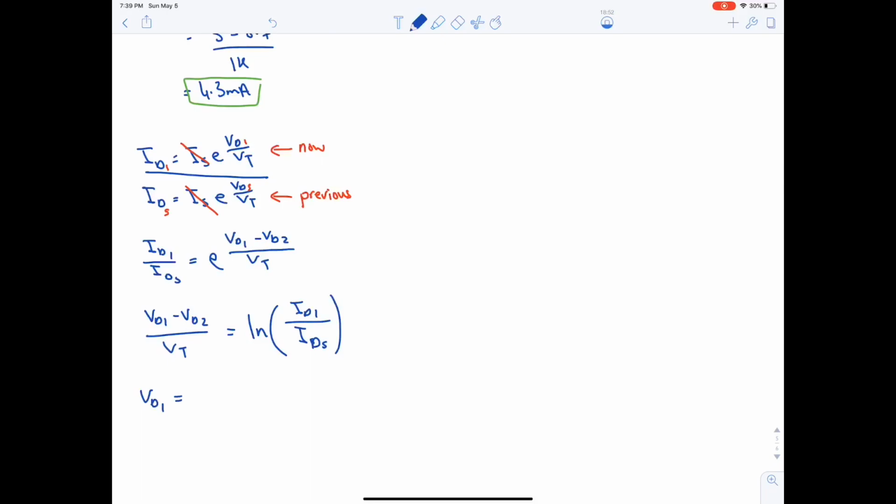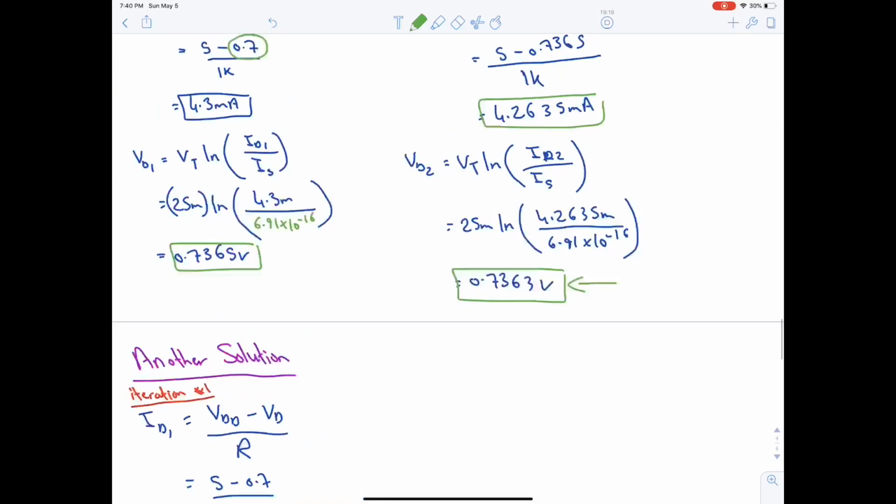So VD1 is equal to what? VD2. This is VDS, right? This is supposed to be VDS, plus VT ln ID1 divided by IDS. This equation is exactly the same as the equation I showed here.